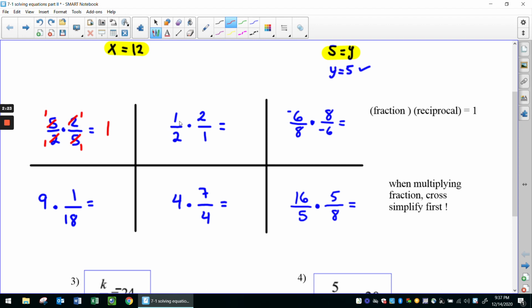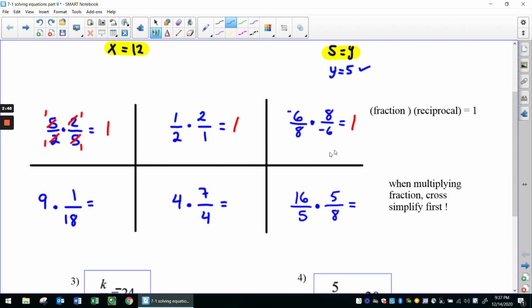The shortcut is, of course, you see a reciprocal. Here's a fraction, 1/2 times 2 over 1. These two are reciprocals of each other, and you automatically know that answer is 1. Even if you have negatives, that's not a problem. As long as it's the same fraction, you can either cross simplify them or see that, oh, this is negative 6 over 8 times 8 over negative 6.